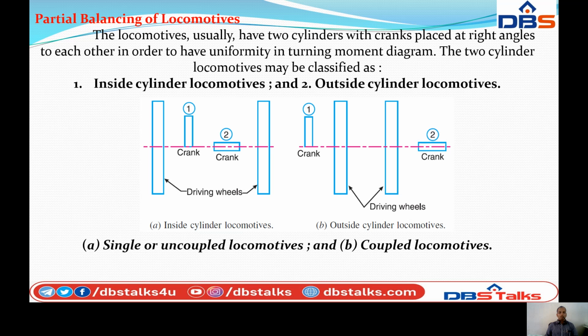The cranks are attached to the cylinders. As we know, in locomotives the two cylinders are placed at right angles to each other, so cylinder 2 is at an angle of 90 degrees to cylinder 1. Whereas in outside cylinder locomotives, as the name itself says, the cylinders are placed outside of the driving wheels, one on each side.